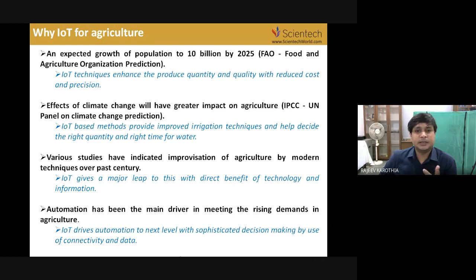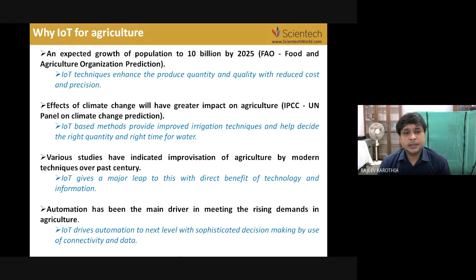IoT based methods provide improved irrigation techniques and help decide the right quantity and the right time for water. So with this, you can manage your irrigation system. You can give the proper water supply to your plants whenever it is needed, in the proper quantity. So with this, you can get resource optimization, and you can get more crop. That is one advantage we can get by using IoT.